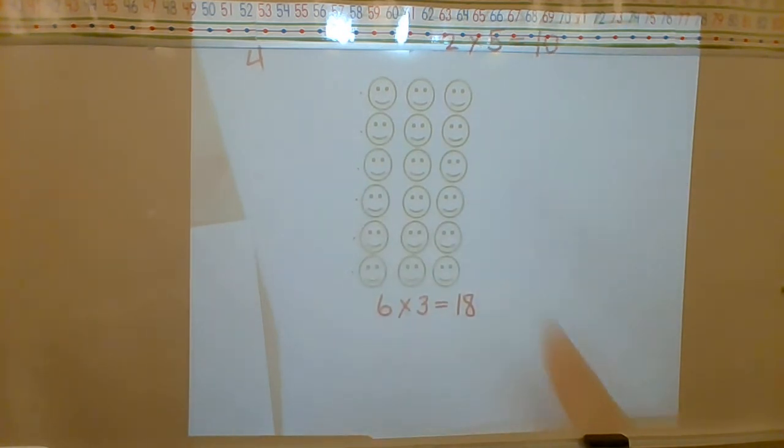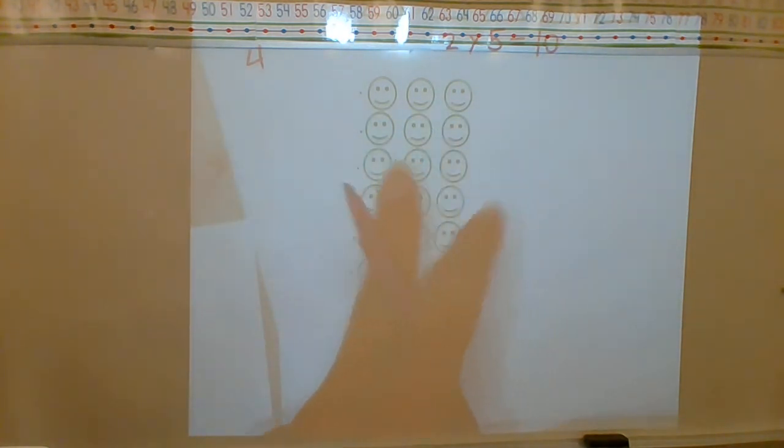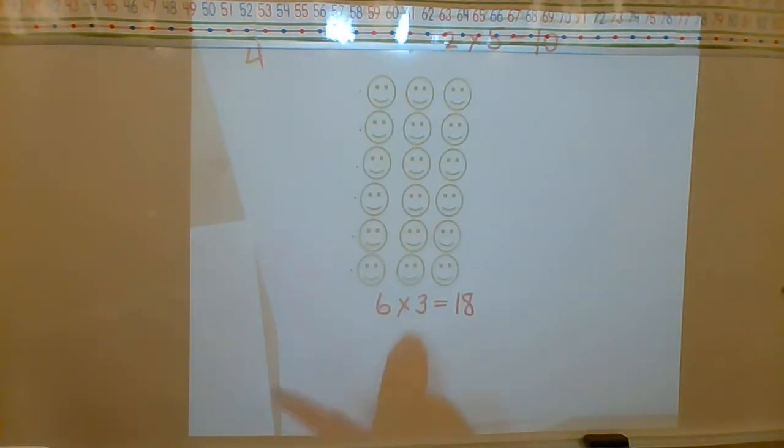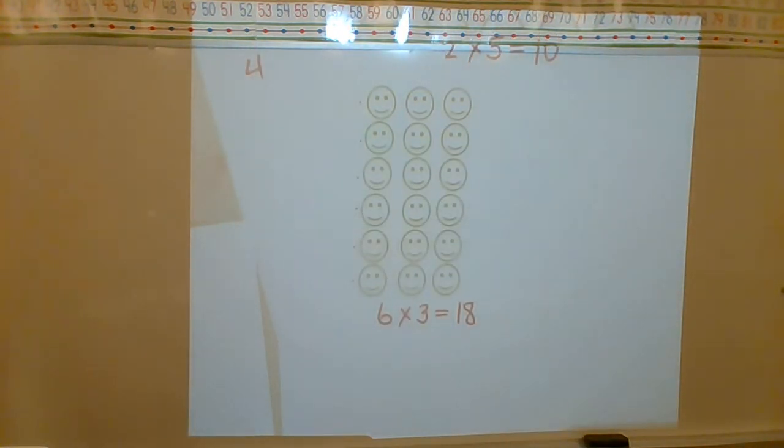That's right. A 6 by 3 array would mean we use 18 smiley faces. Okay? So, writing a number sentence would be taking the number of rows times the number in each row to see how many we used all together.